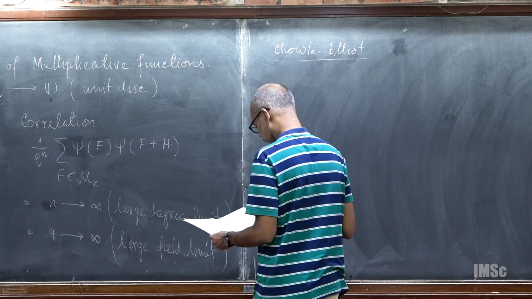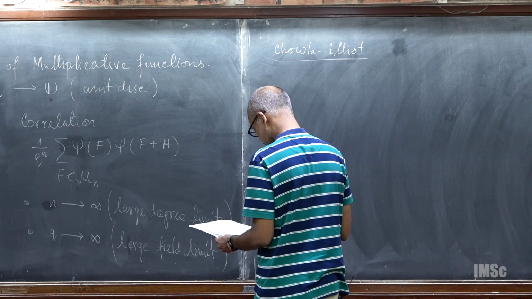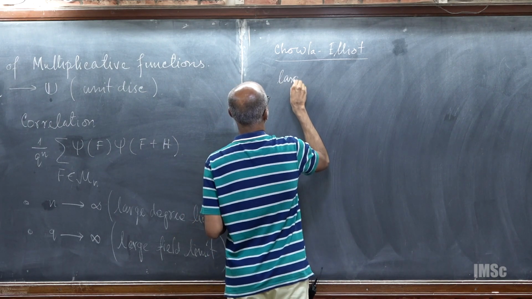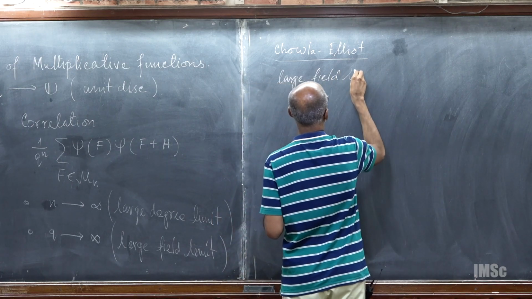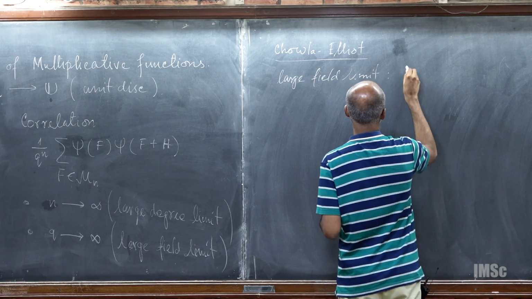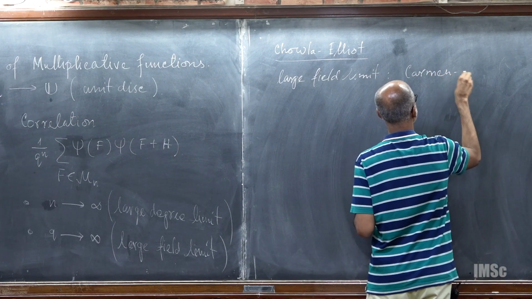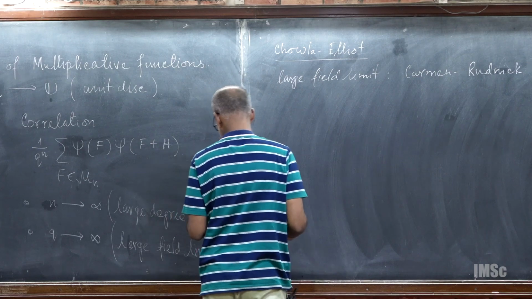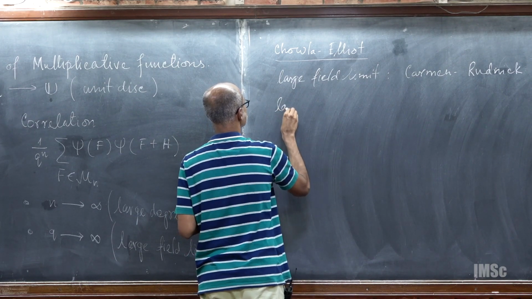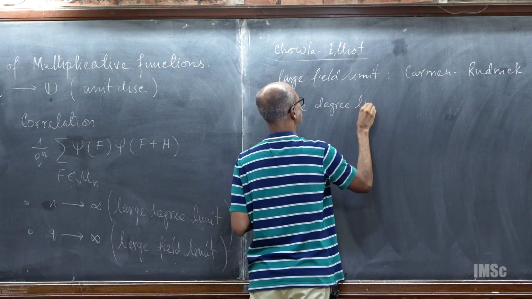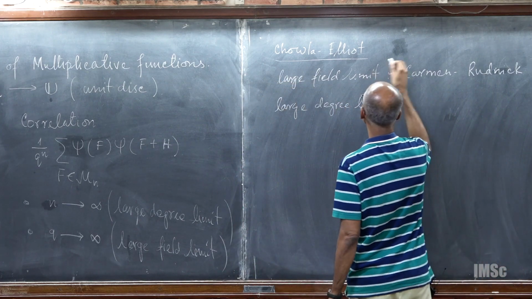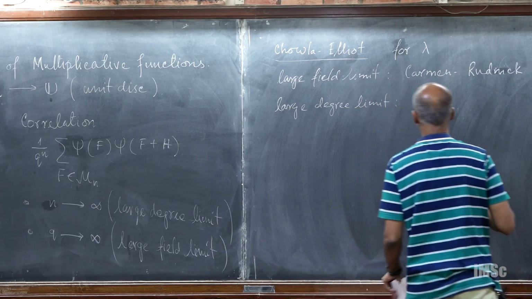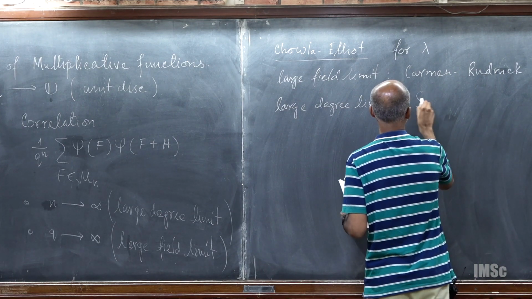For the large finite field limit, it is known, this is Carmon-Rudnick. And for the large degree limit, I would write Chowla for lambda, the Liouville function, this is Sawin-Shusterman.